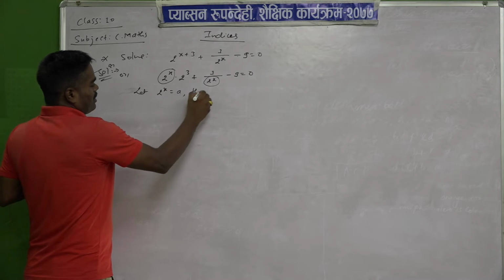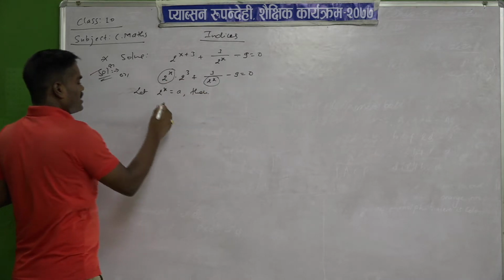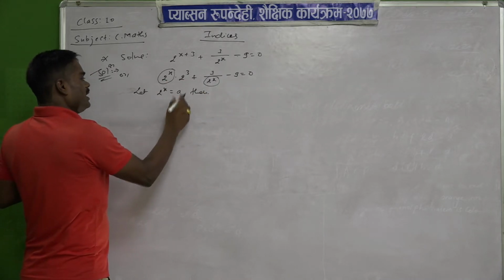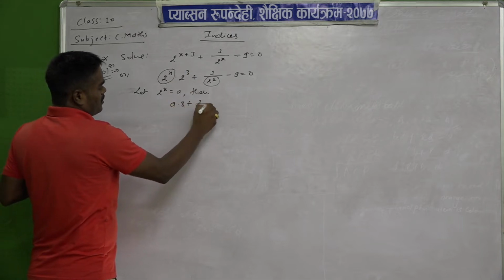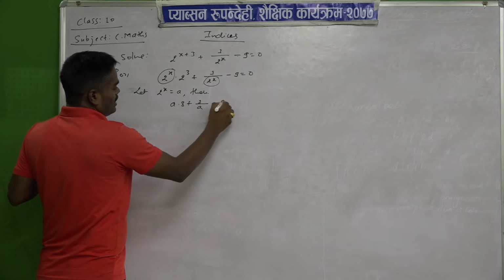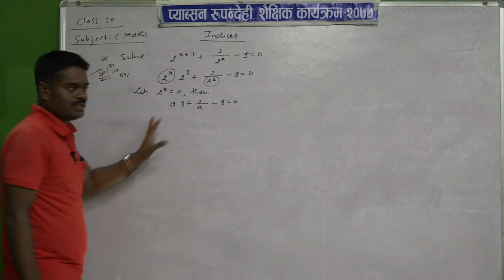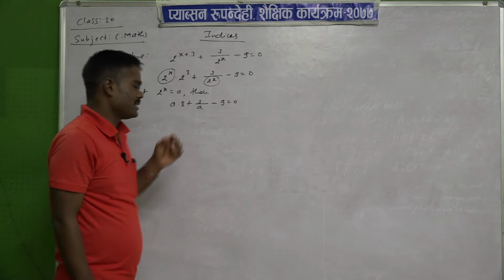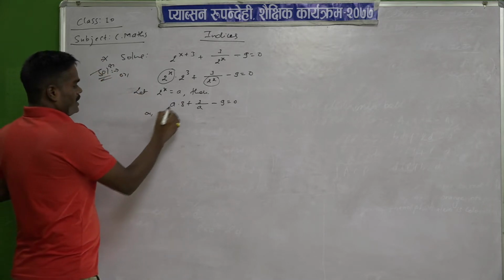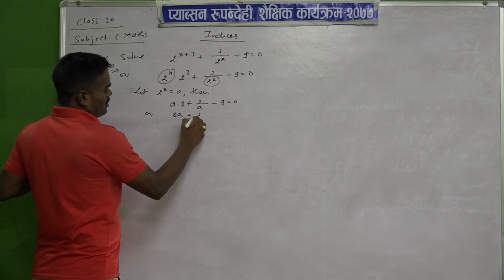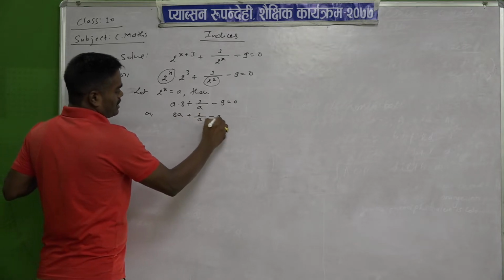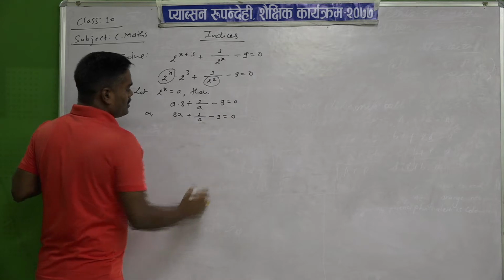A. Then this equation became a into 2 power 3, which means 8, plus 1 by a minus 9 equal to 0. We can write like this. Then a into 8 means 8a plus 1 by a minus 9 equal to 0.